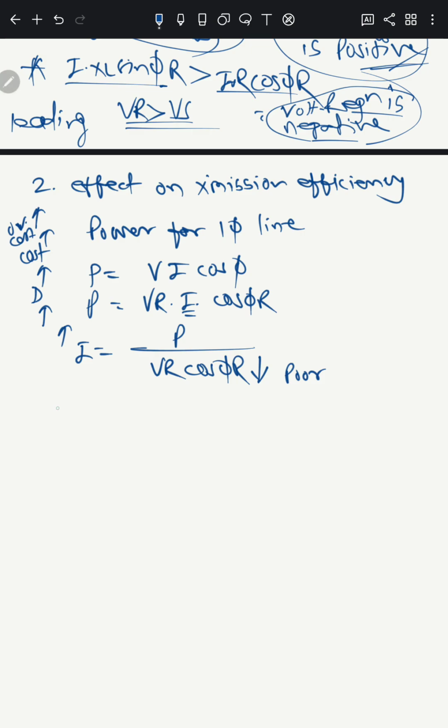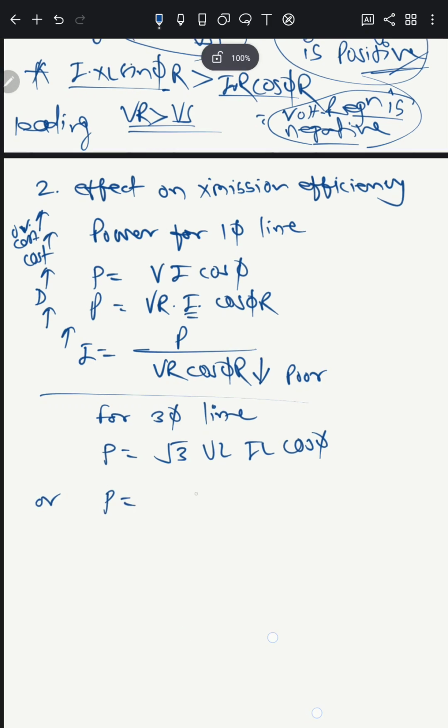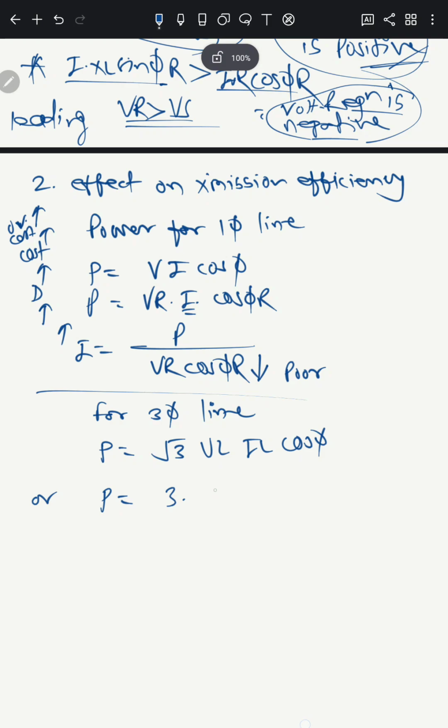Now if you consider the three phase line, for a three phase line we can write power is root 3 VL IL cos phi. Or, in case of considering the three lines, we can write power is equal to 3 into VR IR cos phi R. This is the power for one phase.